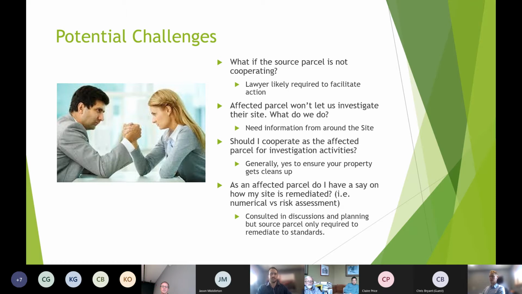Basically, if you can't get access there, you just want to make sure that, around the property, it's still defined and has not impacted any further downstream properties. If this can't be completed, if you can't get around the property for some reason, there are some ministry approvals you can get to not further investigate that.